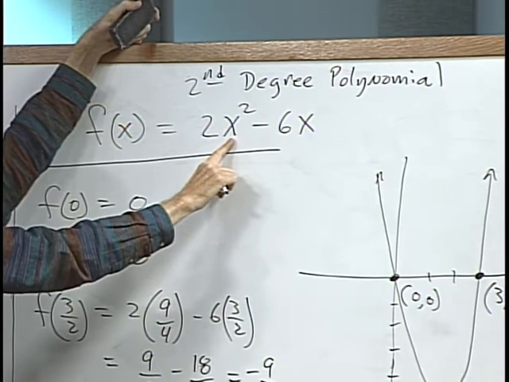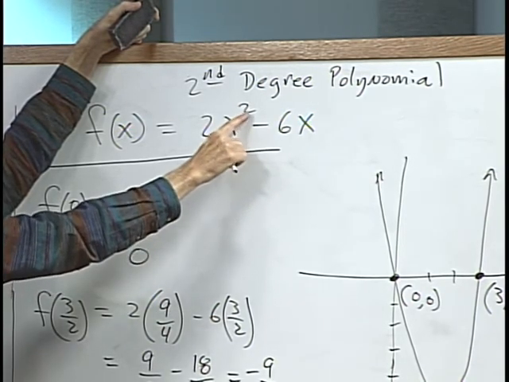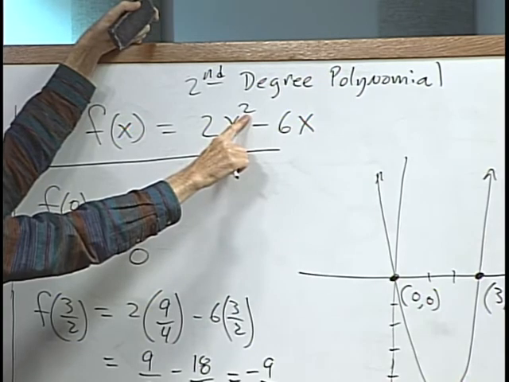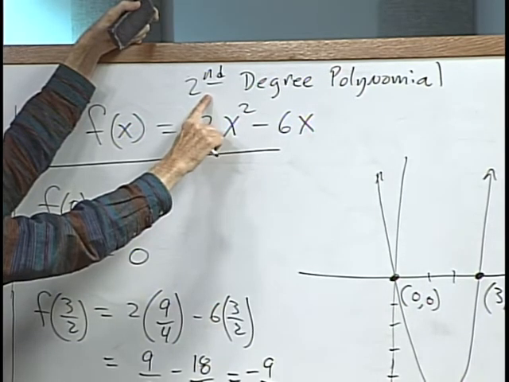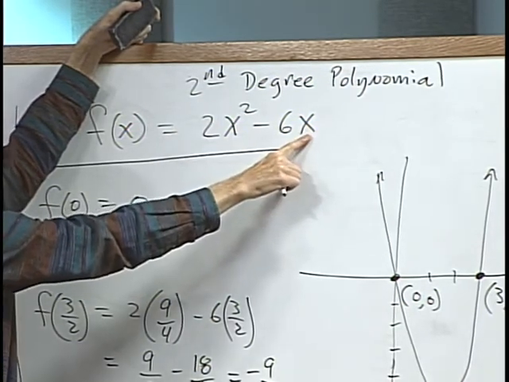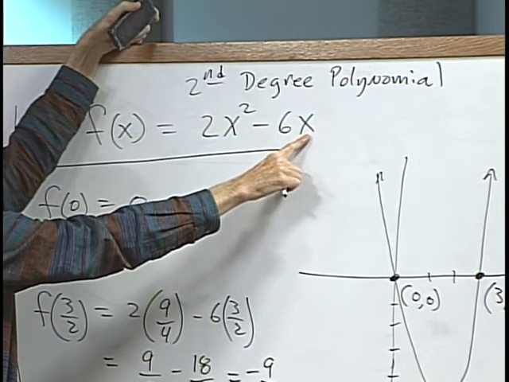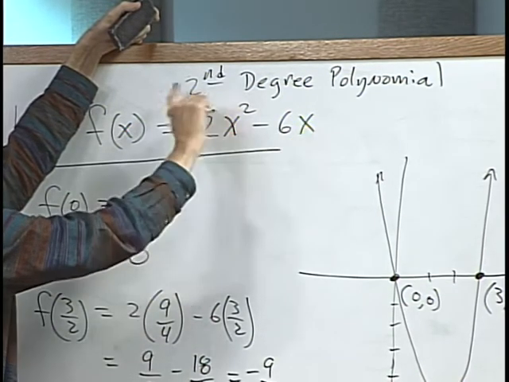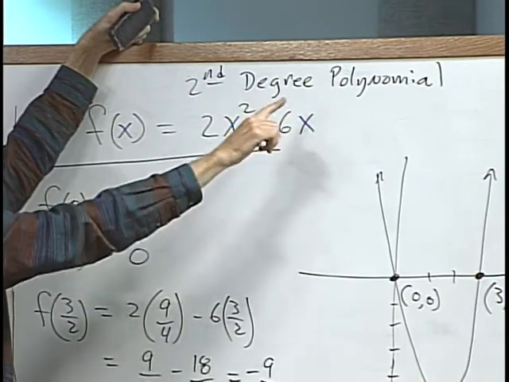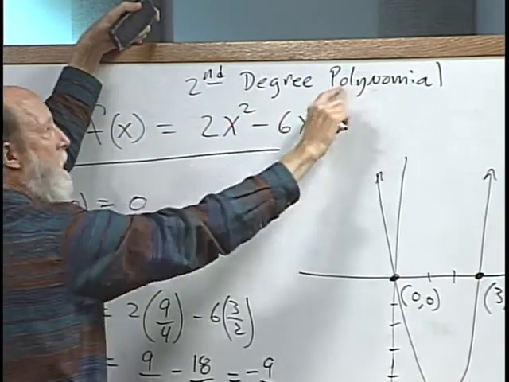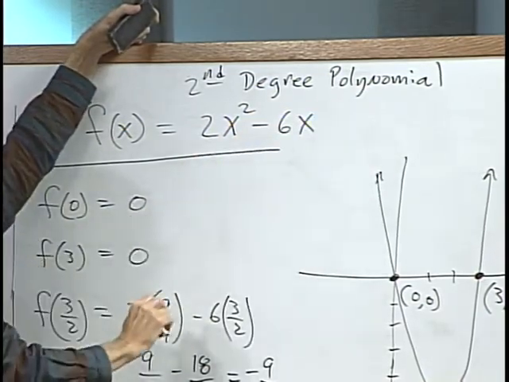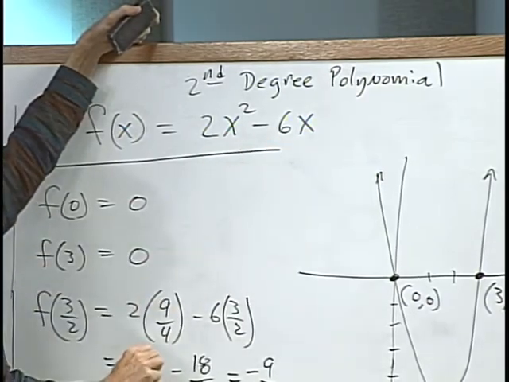In this case, there's only the variable x, but notice this has exponent of 2. That's why it's called second degree. This other term over here is a first degree or linear term. So this is a second degree polynomial. Polynomial means made up of several terms. In this case, only 2 terms.